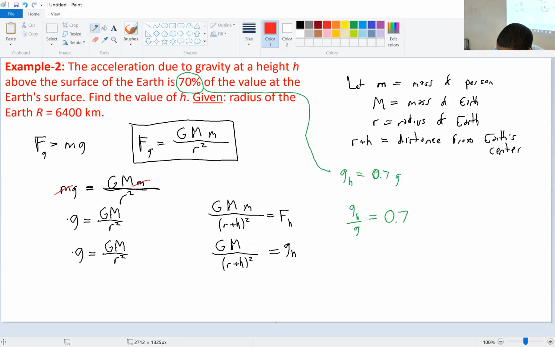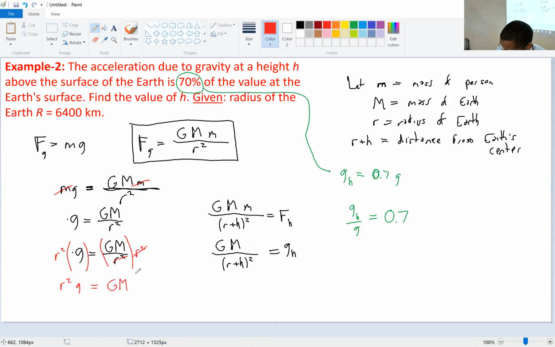So I'm going to multiply both sides by r squared because I'm about to make a substitution. R squared. This cancels. This cancels. You have r squared g equals GM.